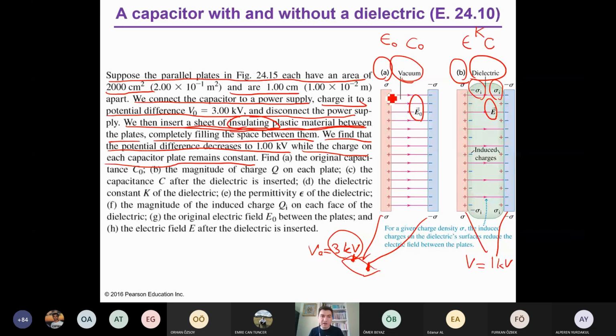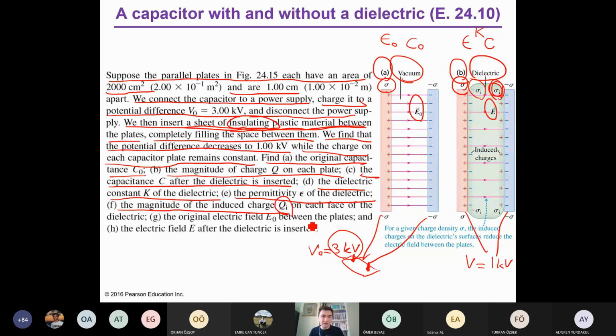Find the original capacitance C0, the magnitude of charge Q on each plate, the capacitance after the dielectric is inserted, the dielectric constant K of the dielectric material, the permittivity of the dielectric material, and the magnitude of the induced charge Qi. Here we have induced surface charge density within the dielectric, and by using this one you can calculate this Qi on each face of the dielectric.